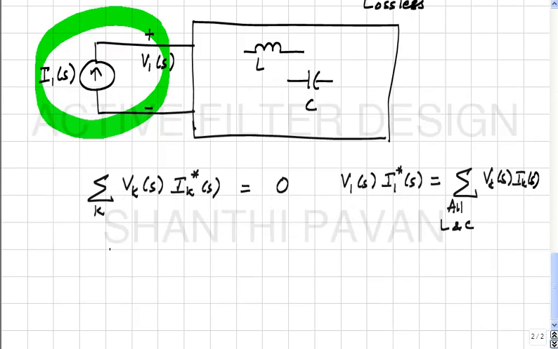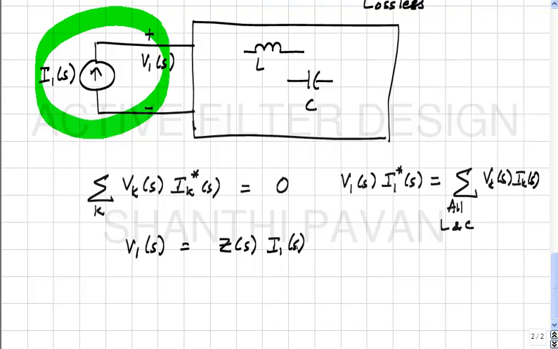Now, what is V1 of S in terms of I1 of S and the impedance looking in? V1 of S is simply, by definition, Z of S times I1 of S. Correct?